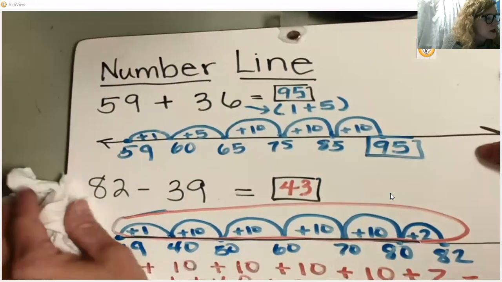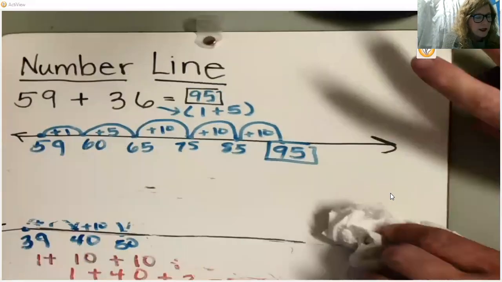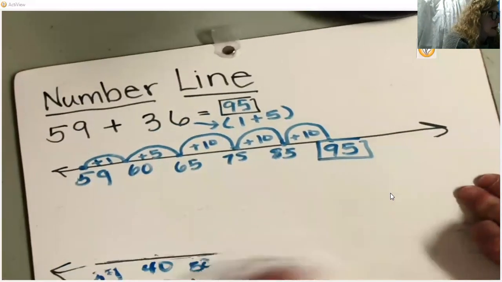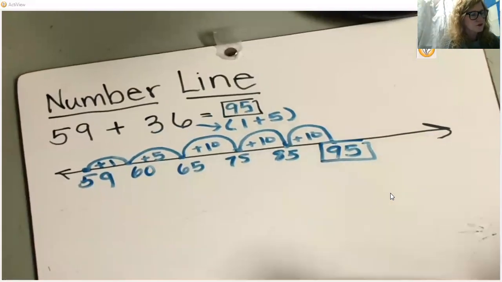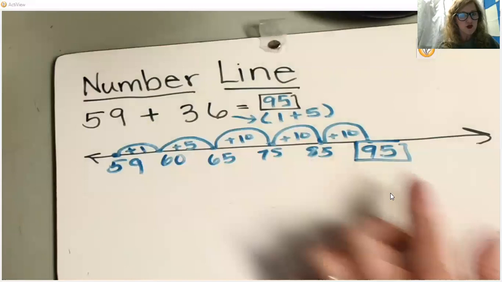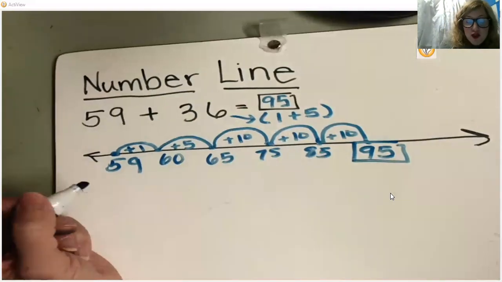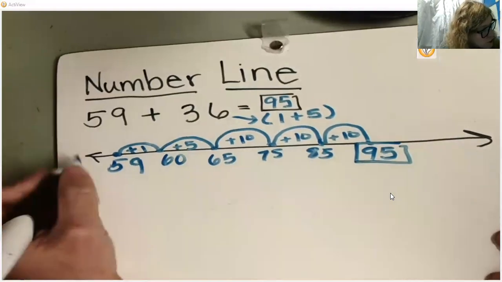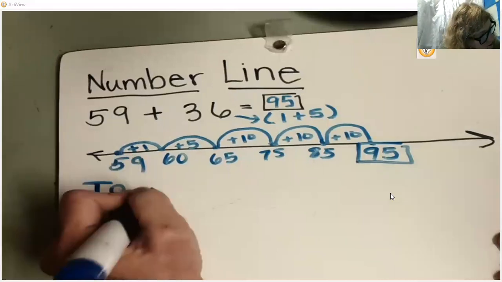So I'm going to erase this bottom one, and I'm going to show you how to explain the first one in words. So going back here to our addition number line, basically, you're just going to take the steps you did and write them out. So let's say to add, because we are adding.